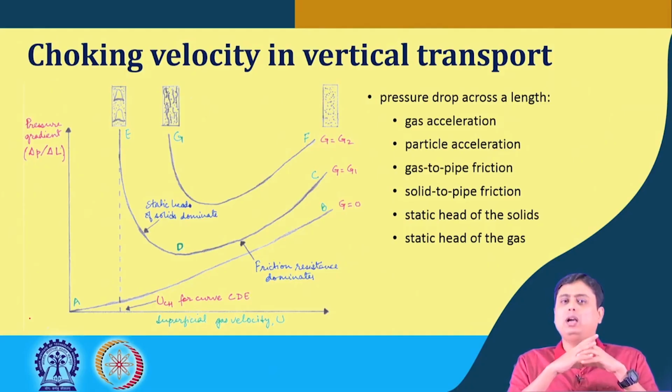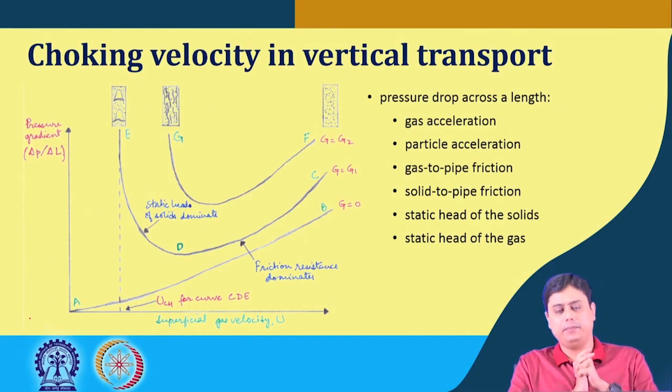Now, this detection is what is important in order to maintain the flow, because our goal is to transport the solids by the gaseous phase, or the air. So, we have to know what is the minimum air velocity that is required to achieve that.